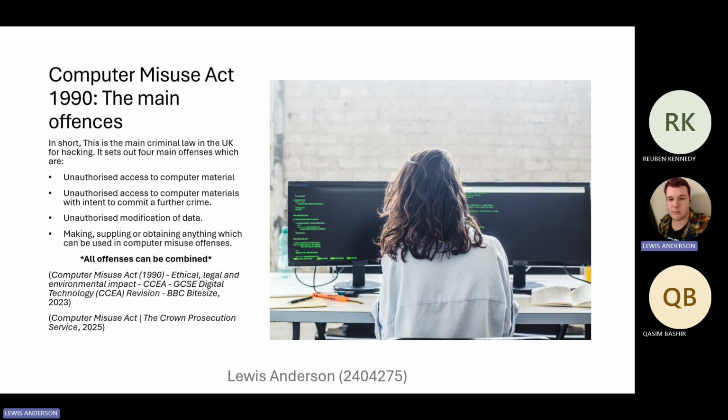The second is unauthorised access to computer material with intent to commit a further crime, like downloading a virus or blackmail, etc. Third, unauthorised modification of data. This means it is illegal to change any form of data within the United Kingdom without permission. Finally, making, supplying, or obtaining anything which could be used in computer misuse cases, which, aka, don't make viruses, don't sell them, don't own them.